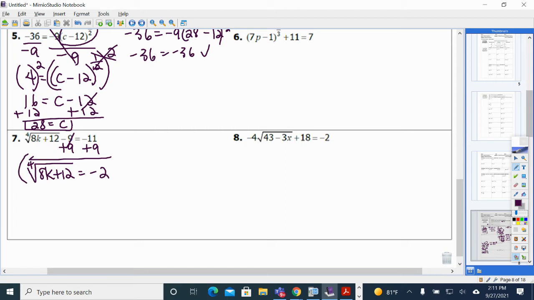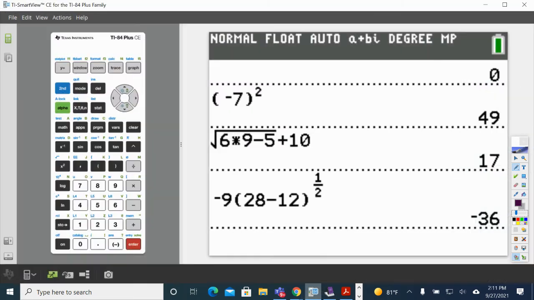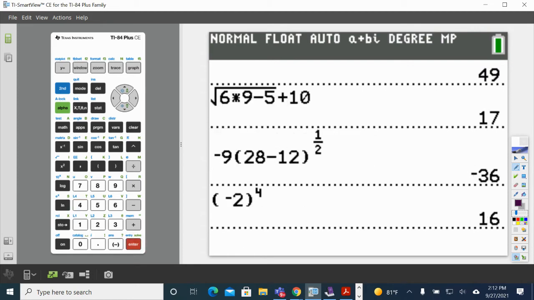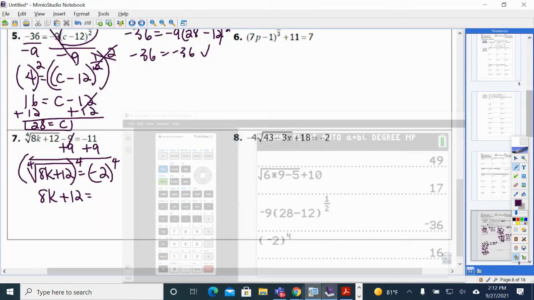And then from there, we're going to raise both sides to the 4th power because that's the index.